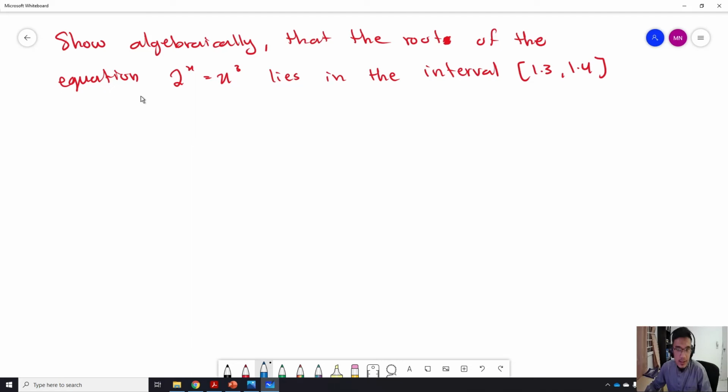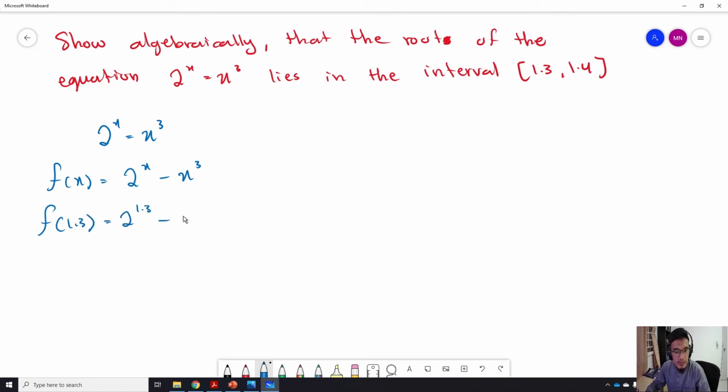Okay, so we take the function 2x equal to x power of 3, and we rewrite it as f(x) equal to 2 power of x minus x power of 3. Okay, so then we substitute the value of 1.3 into the function. f(1.3) equal to 2 power of 1.3 minus 1.3 power of 3.